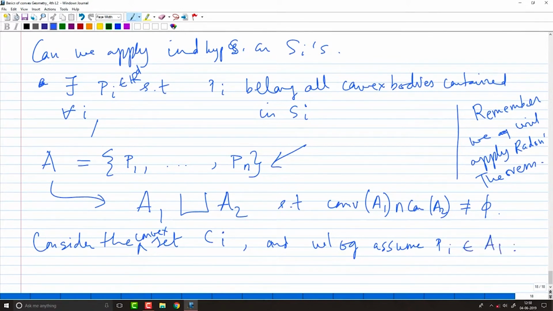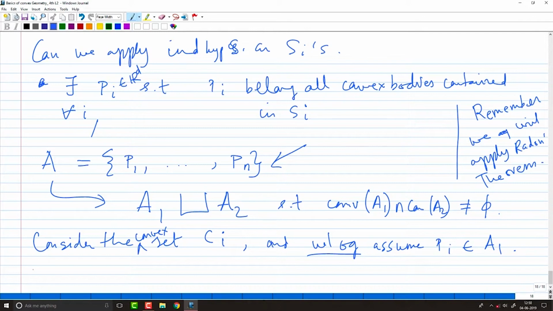Can I assume this? Am I doing something more than what we have already done? Suppose Pi does not belong to A1, just relabel A1 to A2 and A2 to A1, then this will hold. Up till now nothing will fail in the proof. So, this is something I can assume. WLOG is like without loss of generality.